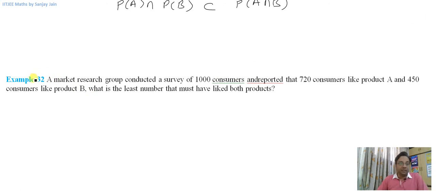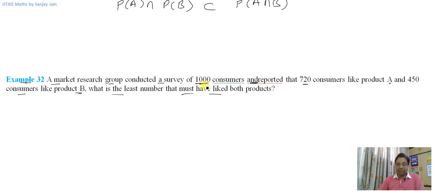Okay, now look at this example. A market research group conducted a survey of 1000 customers and reported that 720 customers like product A and 450 customers like product B. What is the least number that must have liked both the products?